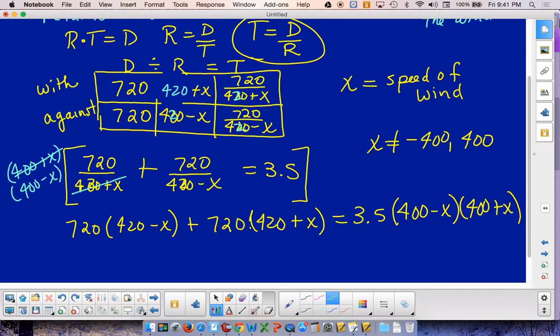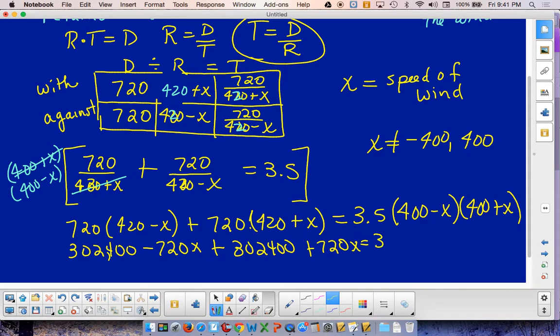So now if we try that again, we'll get at least a reasonable answer considering the algebra we're about to do, because when you multiply those, this is really big numbers. We're going to get 302,400 minus 720x. And then we are going to get 302,400 plus 720x. And then the most fun of all, how do I do this right-hand side?